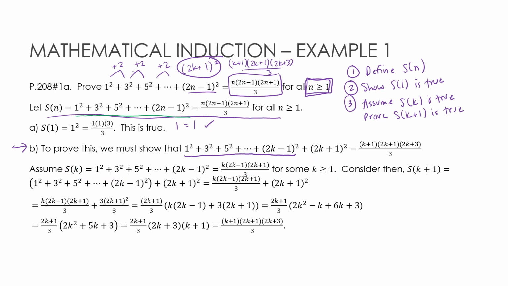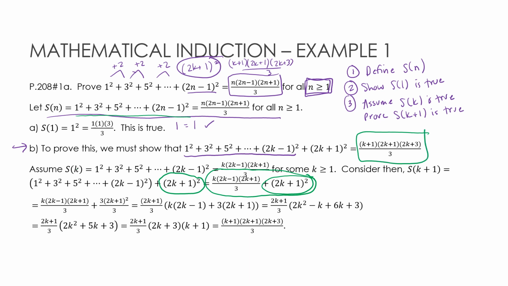Then I'm going to add this to each side. I've added 2k plus 1 quantity squared to each side because I have to add the same thing to each side. My goal then is to show that once I do the math on this side, it's going to look like this. That's my goal.